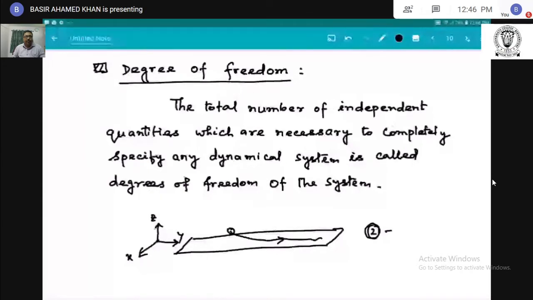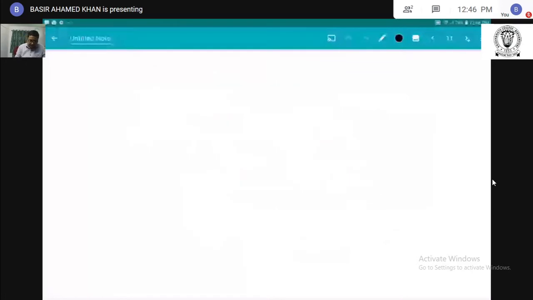Now, along with the degrees of freedom, I have to know generalized coordinate.